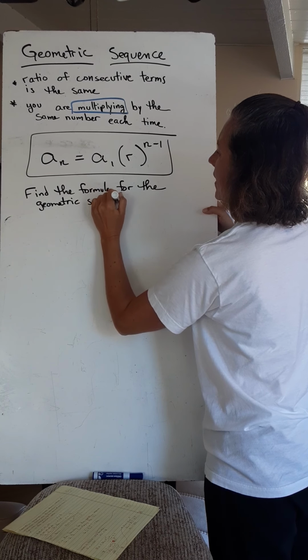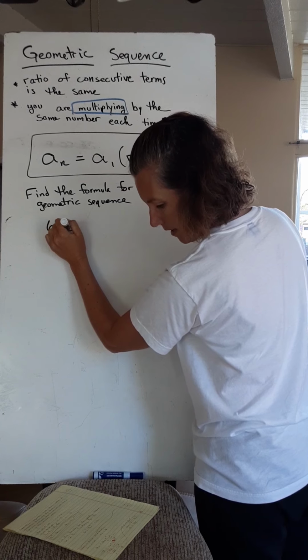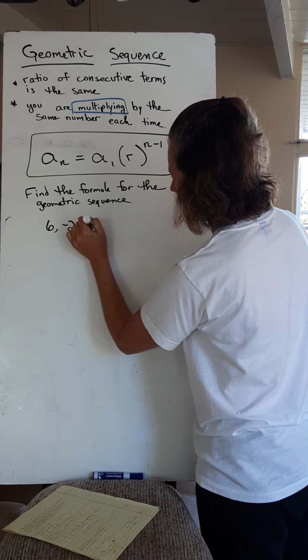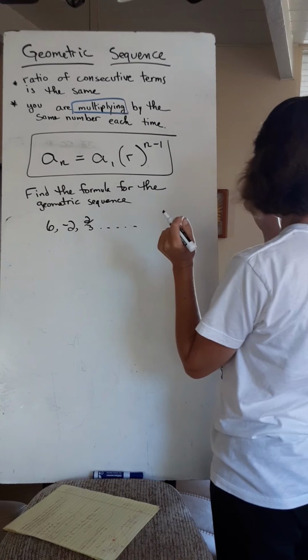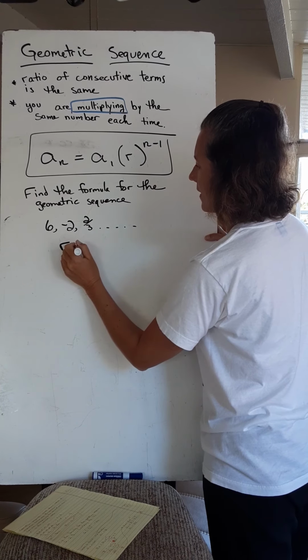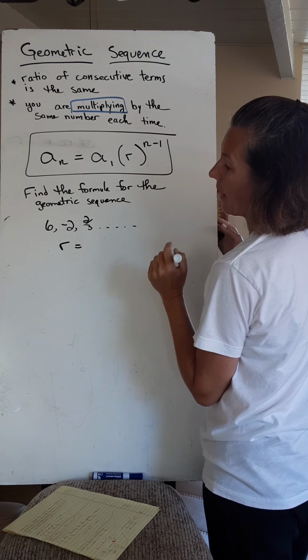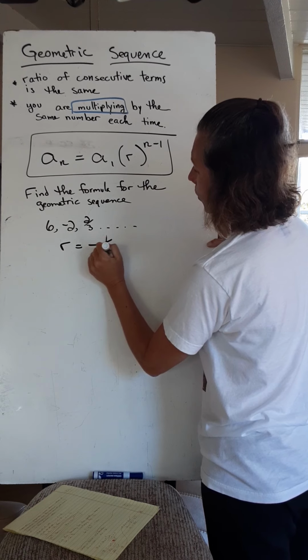So they're telling us right away it's geometric. 6, -2, 2/3, and so on. You can easily tell r is a fraction and it's -1/3.